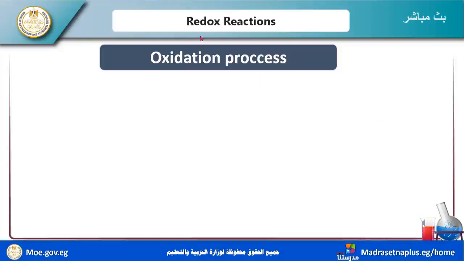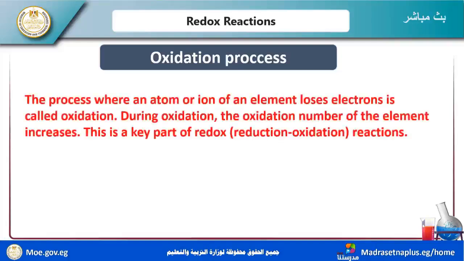Redox means reduction and oxidation process. What is the meaning of the oxidation process? You studied before oxidation as reaction with oxygen or elimination of oxygen from compounds. But now we discuss it according to electrons lost or gained.